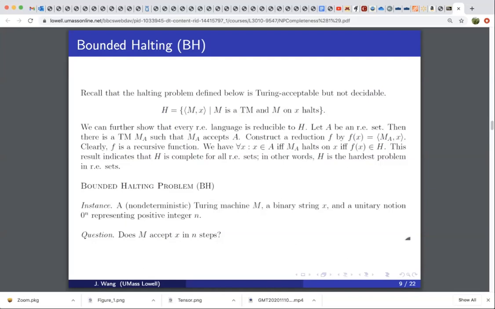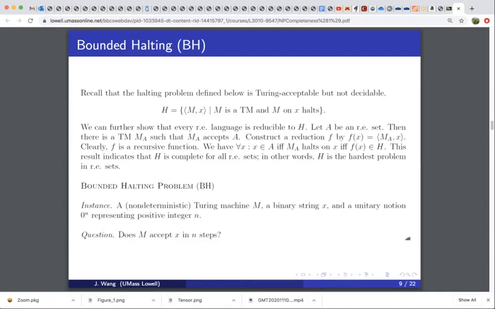Then we're going to use bounded tiling to prove SAT to be NP-complete. SAT was first proven by Stephen Cook, who was at Toronto. Then we're going to reduce SAT to 3SAT, and that was first proven by Richard Karp, who was at UC Berkeley.